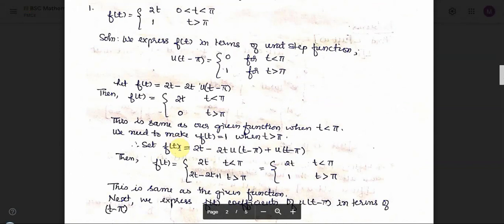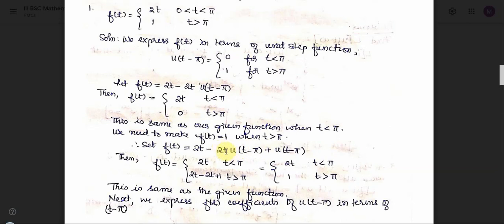Now this is the function expressed in terms of a unit step function. There is a u of t minus pi, for which I know how to take the Laplace transform. There is a u of t minus pi into some function, but the variables are not the same. The argument of u is t minus pi, whereas the function is only t.